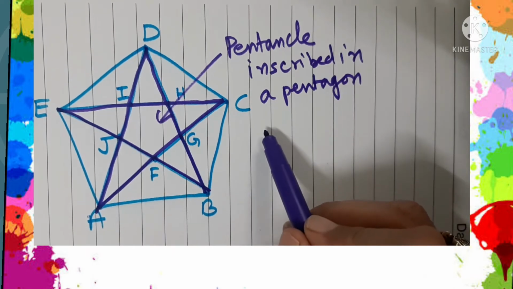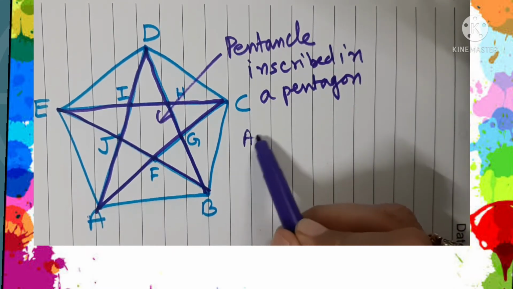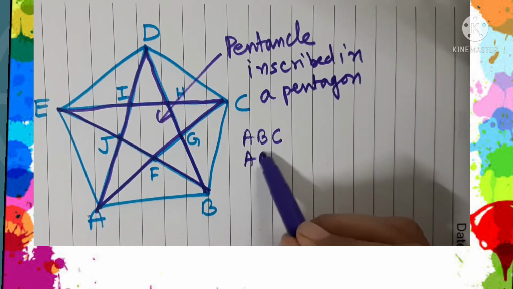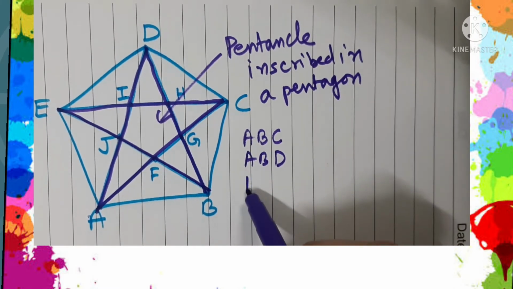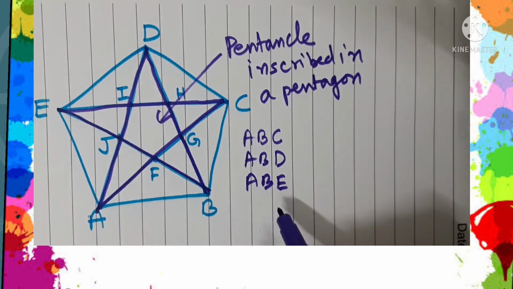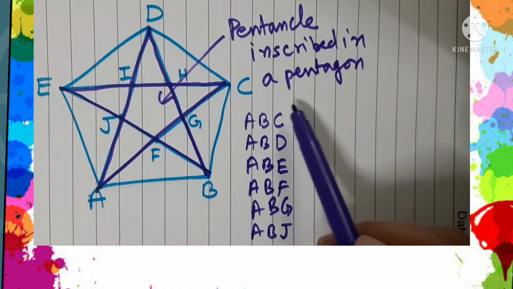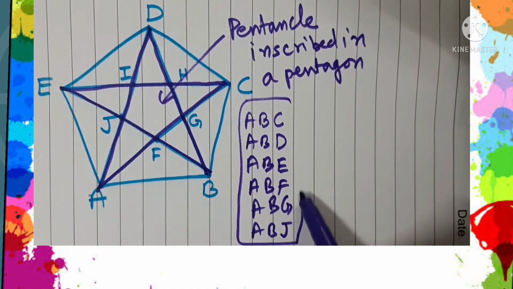We can get triangle ABC, ABD, then ABE. Basically we are checking with the vertices. We found that ABF is there, ABG is there, and ABJ is also there. So there are 6 such triangles.